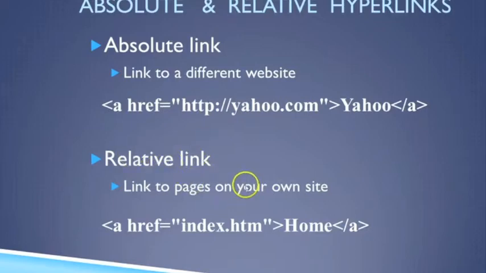It links to one of our own pages. Notice we just have the file name here, index.html, and we have this tag here for home. The default page for a web page is index.html. So for all of our web pages, the very first page people come to on our website, we're going to name that file index.html.